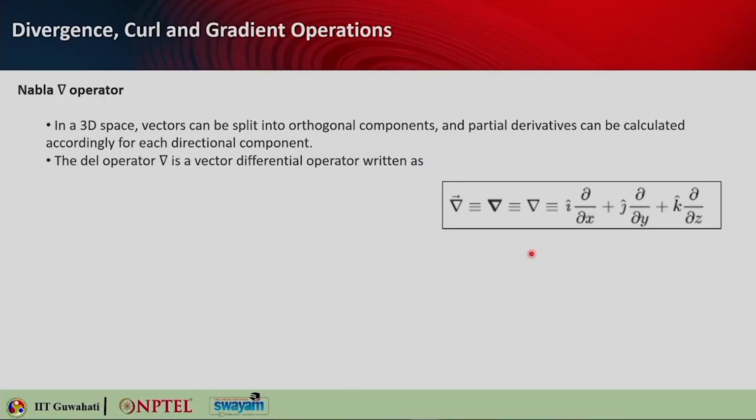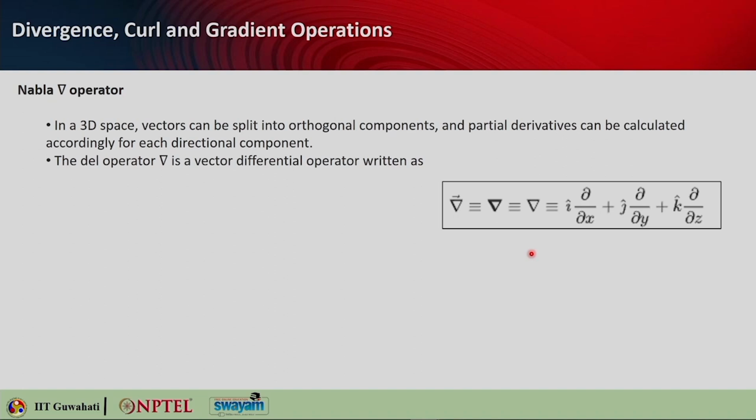As you know, there are other coordinate systems as well, like spherical and cylindrical, and there the equations for curl, gradient and divergence will be different depending on the coordinate system you're choosing. So let us only focus here on the Cartesian coordinate system. If required, we will go to the other coordinate systems depending on the applications we will be discussing.